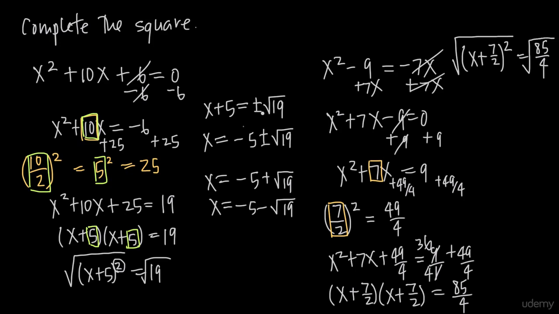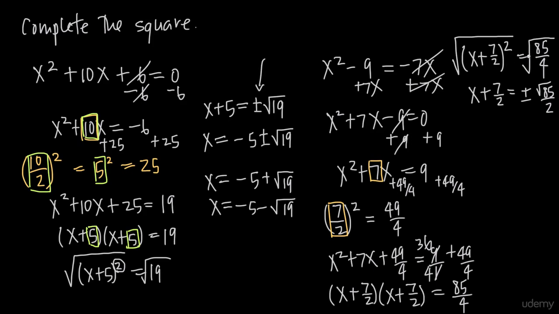See how we're following the same process we did before? Taking the square root of a square gets us to cancel those, and we're left with x plus 7 halves. And over here on the right, we get positive or negative root 85 over 2. And the reason is because we have this positive or negative always when we take the square root, just like we had it over here on the square root 19.